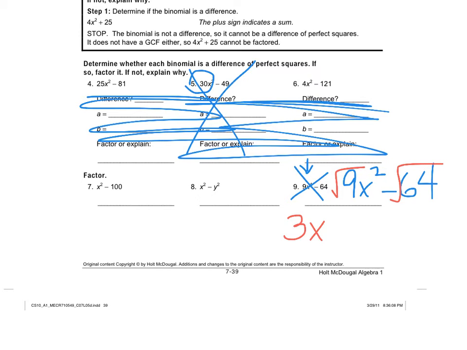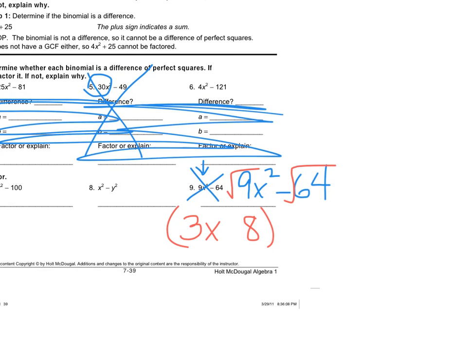And then when I square root 64, I get 8. Now, those will be the numbers in both of the binomials, but in order to FOIL back, one must be a plus sign, one must be a minus sign. So that's how you factor the difference of two perfect squares.